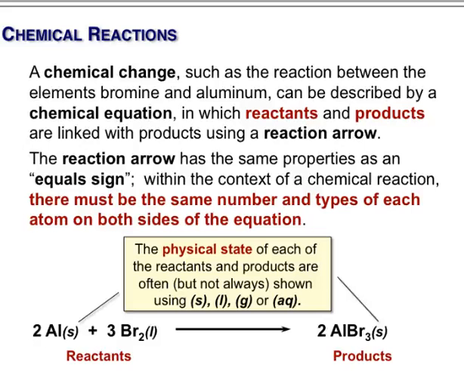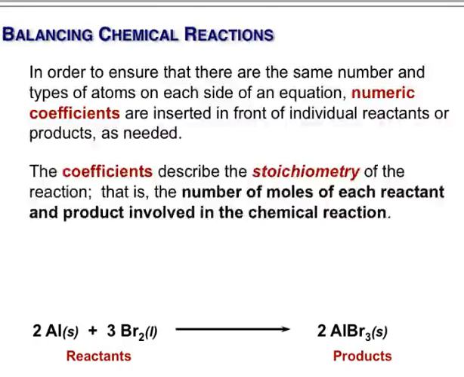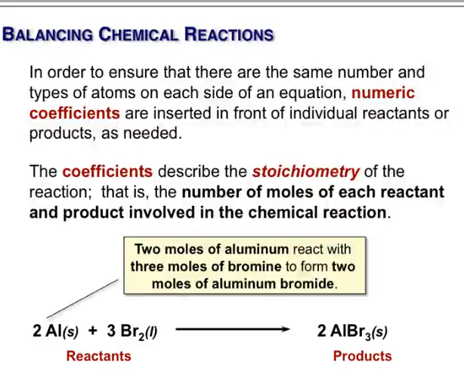Now, in order to make sure that our equal sign, that is our reaction arrow, is respected properly, we must insert coefficients. So here's the 2, the 3, the 2. These guys must be inserted into our chemical equation so that we have the same numbers and types of atoms.